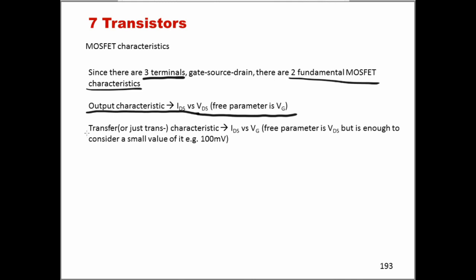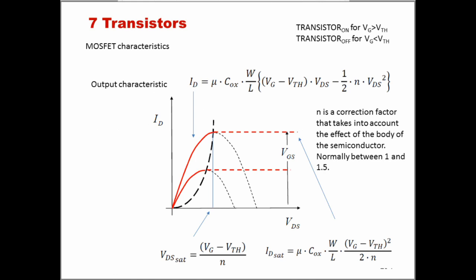But then we should also have a transfer characteristic, where we plot IDS as a function of VG. And the free parameter would be VDS, but we can keep just VDS small, for example, 100 millivolt. So let us start with the output characteristic.